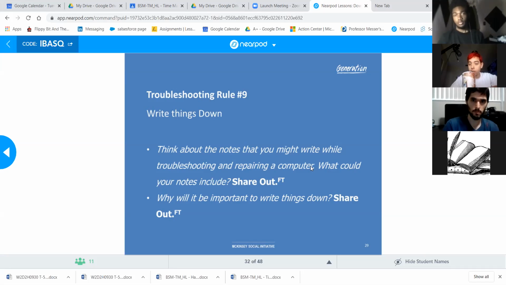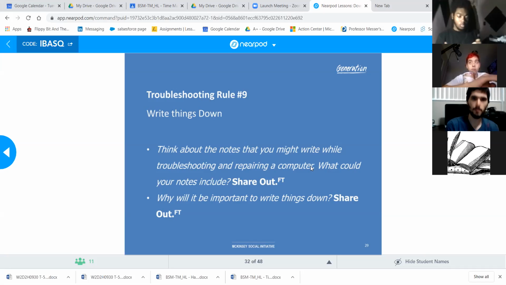What could your notes include, Justin? What could your notes include? Kind of like standout problems that you notice, anything that's like a pattern, maybe something like that. Exactly. Patterns, or at least a brief description of what you believe at this point is the issue.